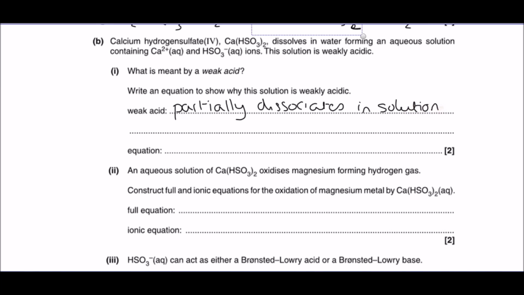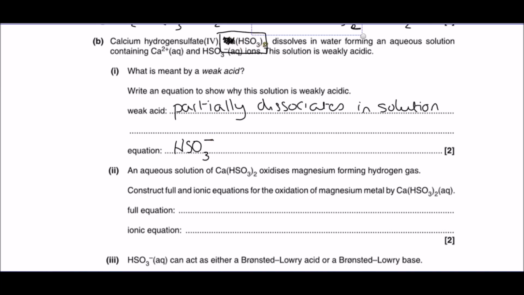And then we've got to write an equation for the dissociation. So here is calcium hydrogen sulfate, and that's going to behave as an acid in solution. So if we look at it, we know that the metal ions don't play any part in acidic action or buffering action, so we can get rid of that. So we're going to have HSO3-, and it's going to have a minus charge because remember calcium is in group 2.